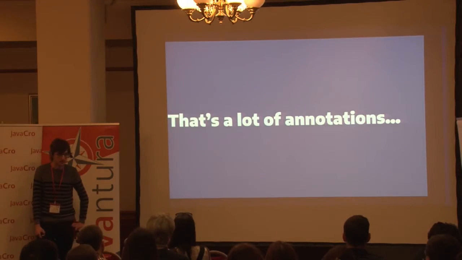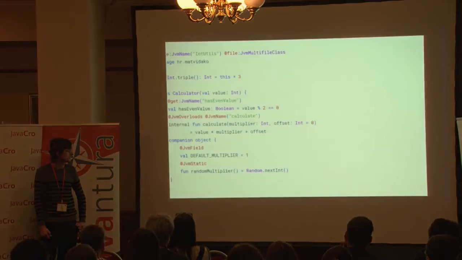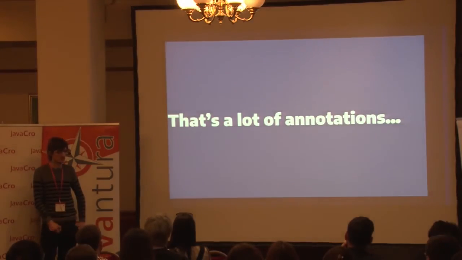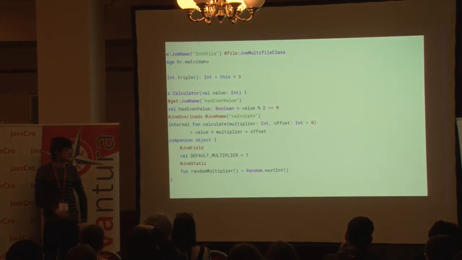So you might be saying that's a lot of annotations. Do I really need all that? Well, as I said previously, this example is kind of forced just to put in as many annotations as possible. In your regular code, you probably won't need to do all that.